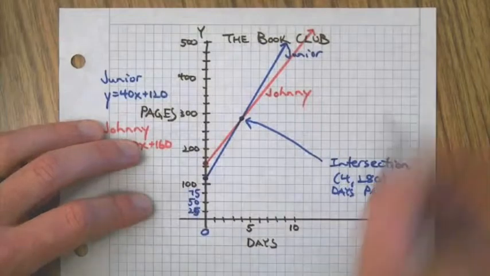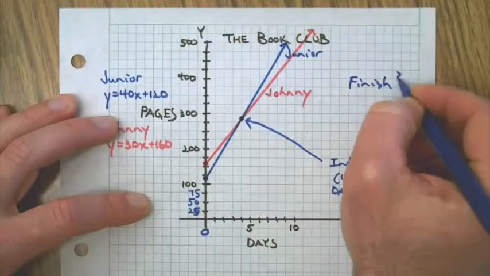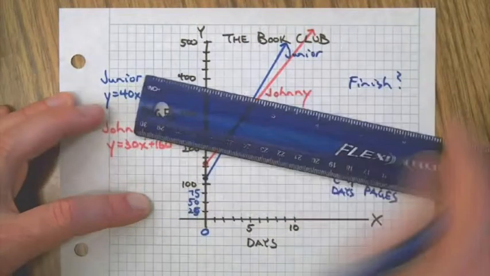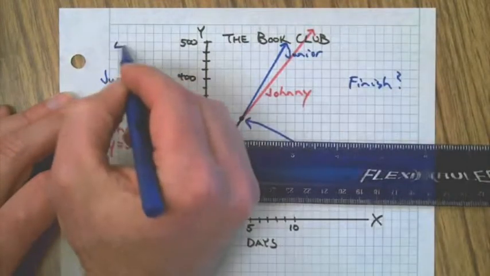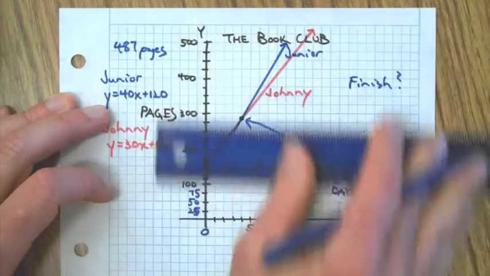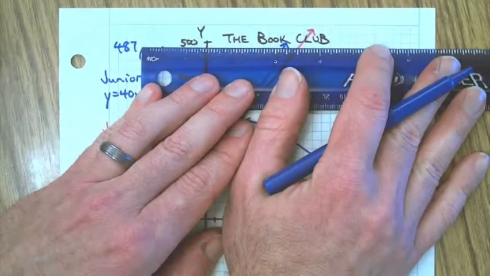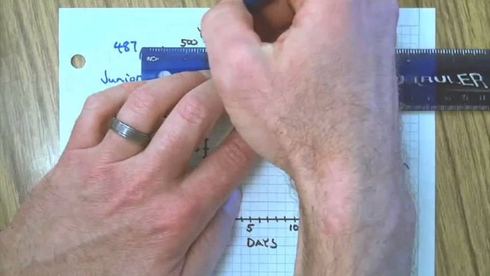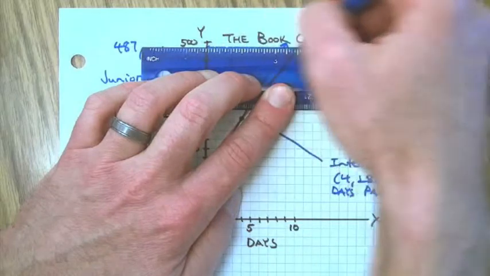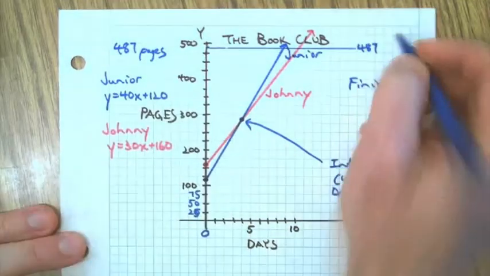Oh, the final question. When are they going to finish? Okay, well, we know that 487 pages is the total in the book. So if I just estimate about halfway between 475 and 500, there's the 487 line.